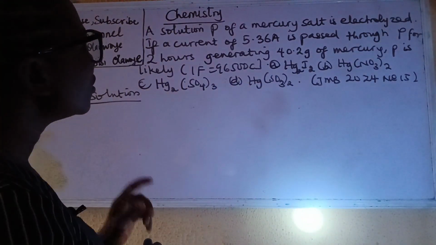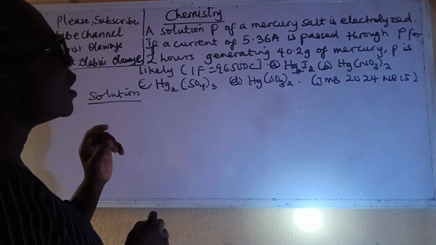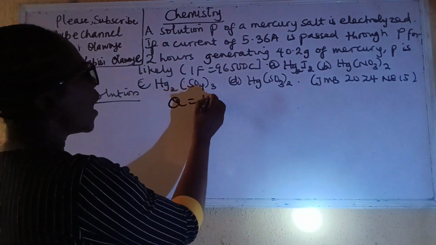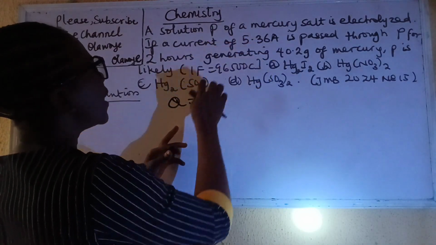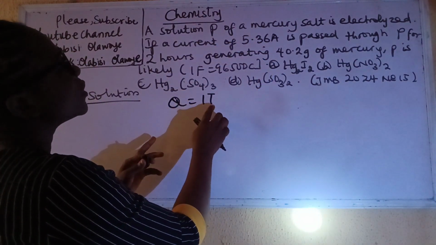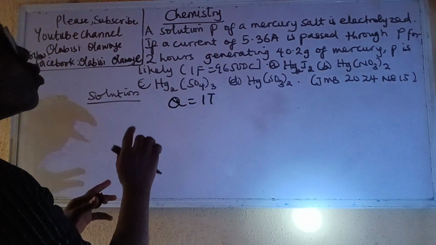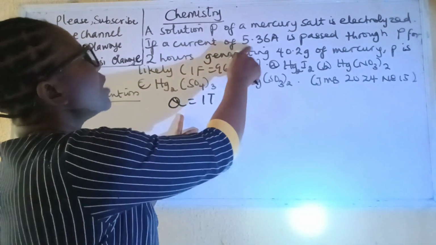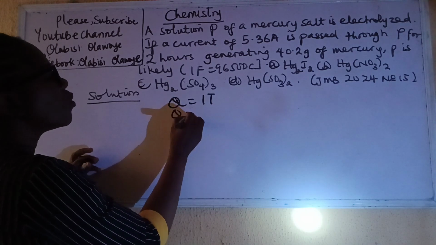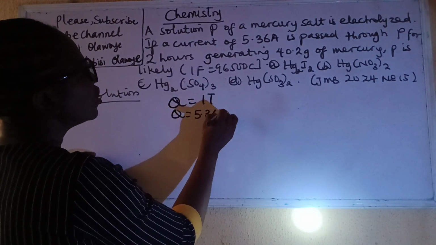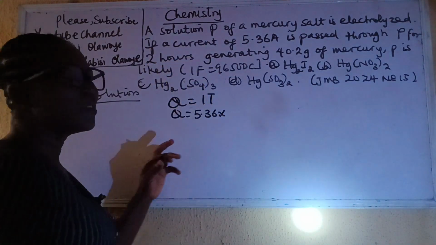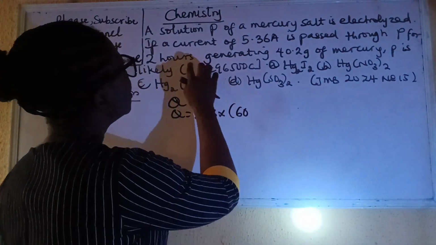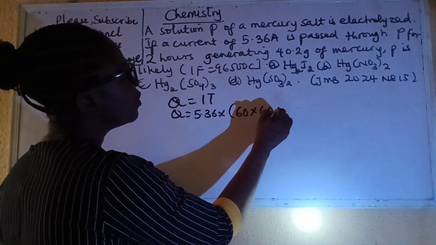Now, the best thing is to work this out using Q equals IT. The current here is 5.36. The time is 2 hours. Let's work out the quantity of electricity first from this information. So Q equals 5.36 multiplied by the time, 2 hours, but the time must always be in seconds. That is 60 multiplied by 60 multiplied by 2.